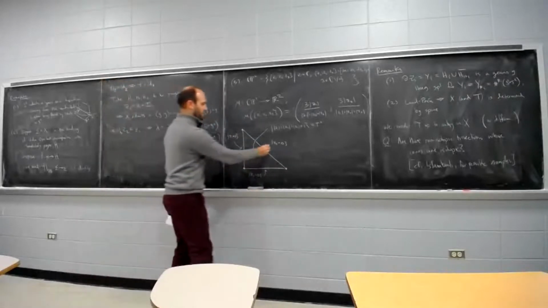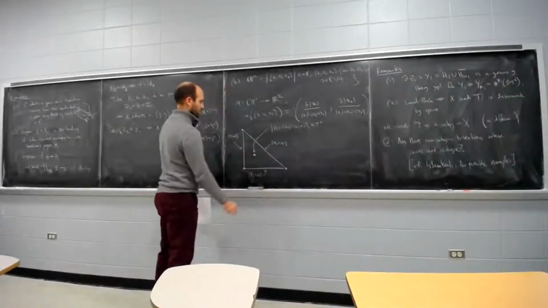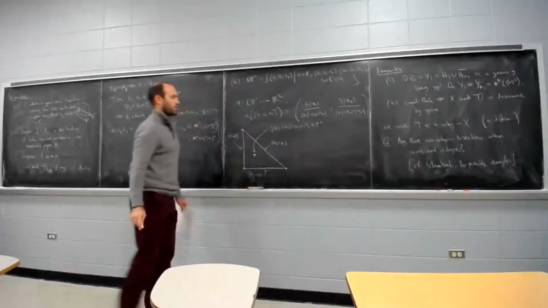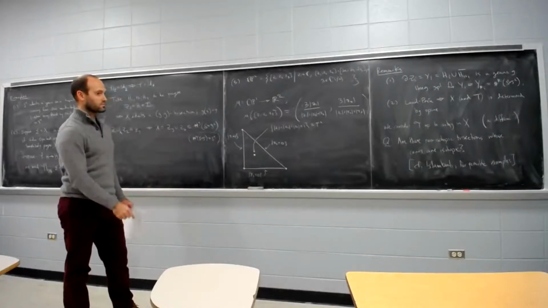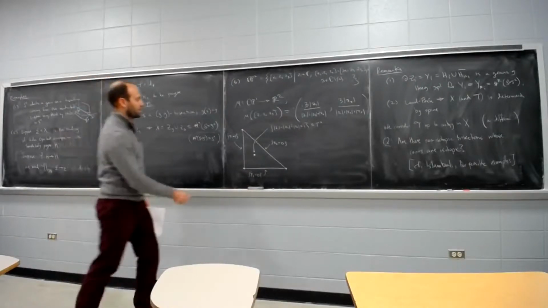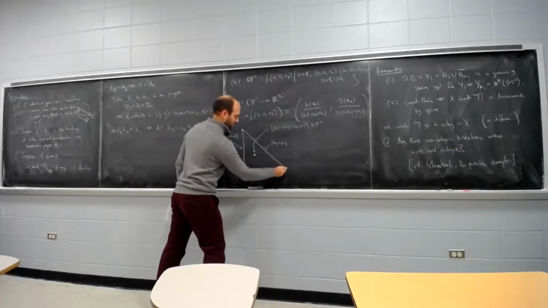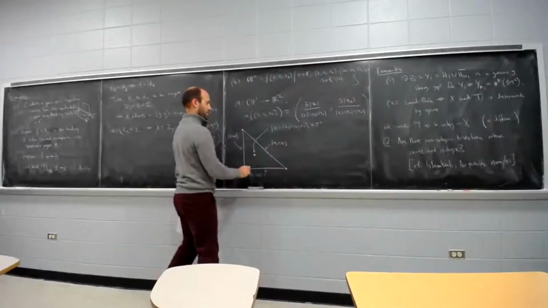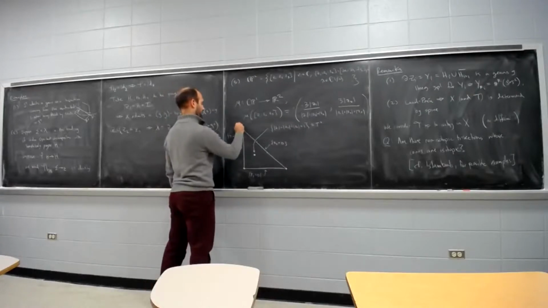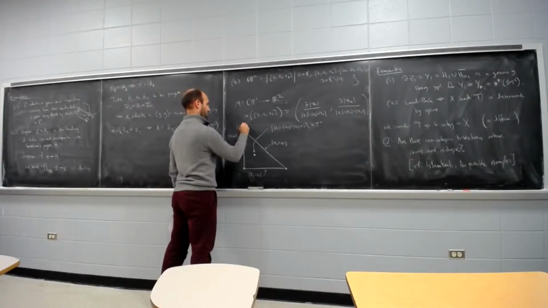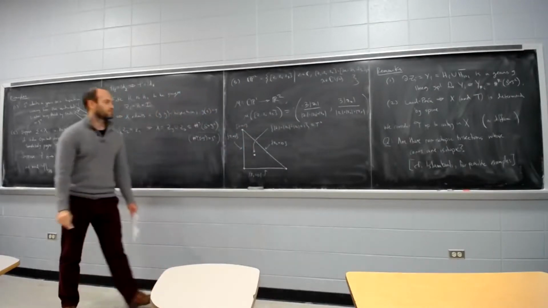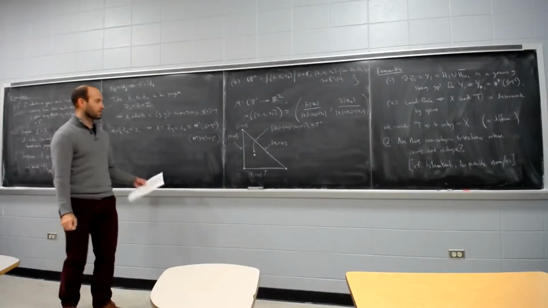So this line is the set where Z2 equals 0, which is just a copy of CP1. And in particular, over each point, we have a circle. And over each of these vertices, we have a single point. So this point would actually be 0, 0, 1, and so on.